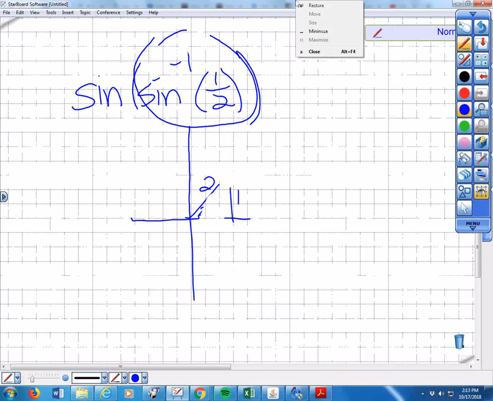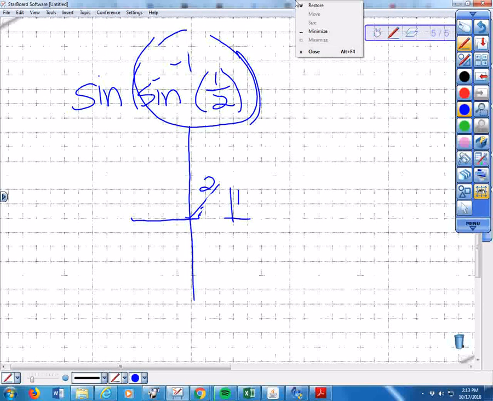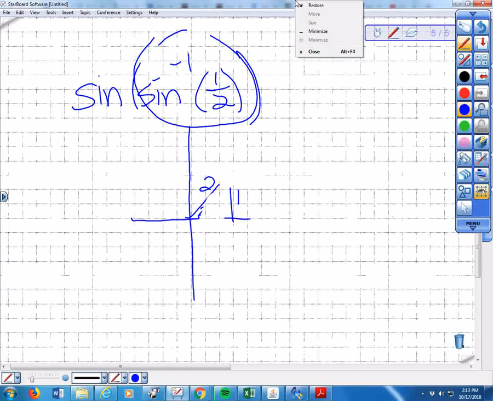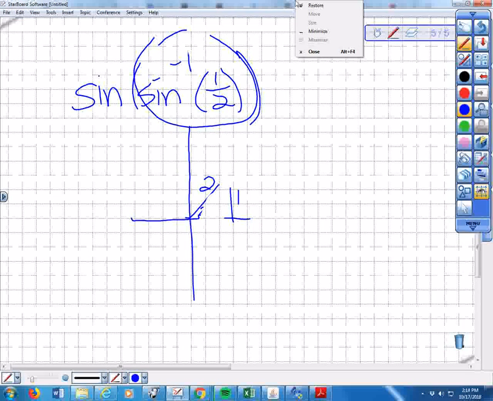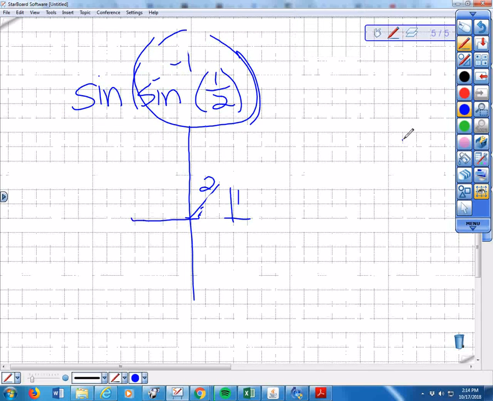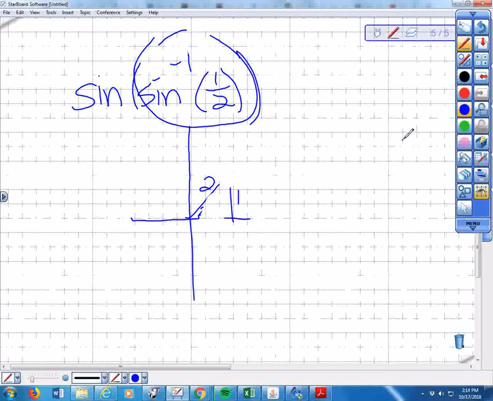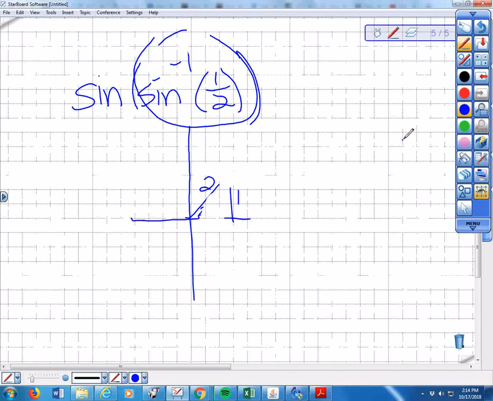I don't know why my board's deciding to be so uncooperative today. But if I put pi over 6 inside, then it's just sine of pi over 6, right? And sine of pi over 6 is 1/2.